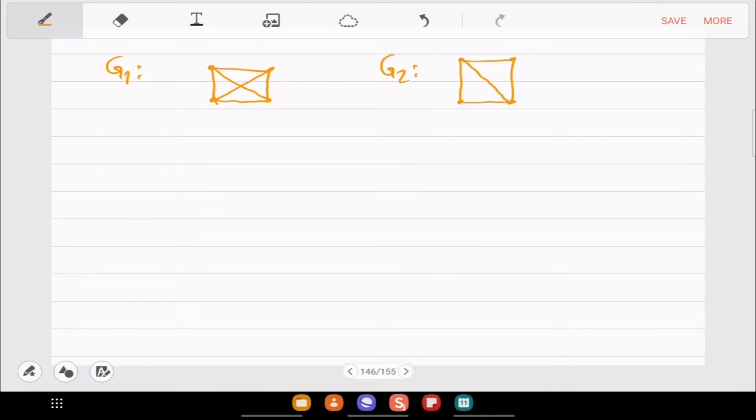But if you have something like this happening, then what? Yeah, so then this vertex with degree 4, that is a bottleneck. So if that fails, then the network fails.